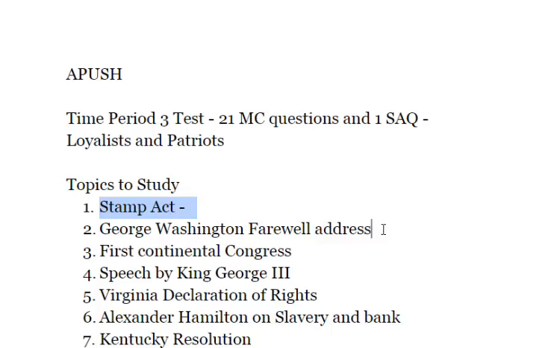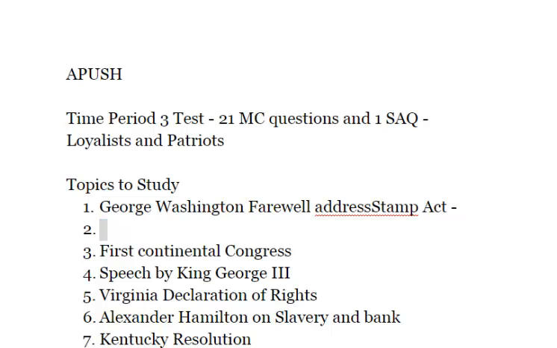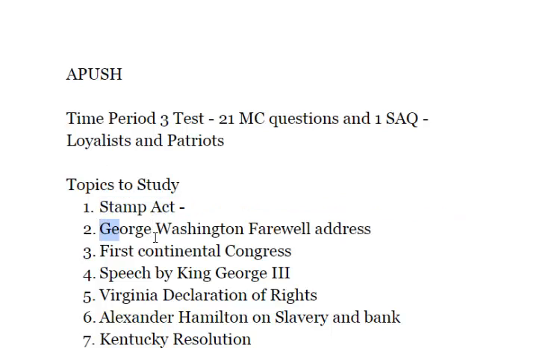For Washington's farewell address, number 2, you're going to have a good 10-line reading from Washington's farewell address. You're going to talk about what his main goals were, how he was very much against sectionalism.